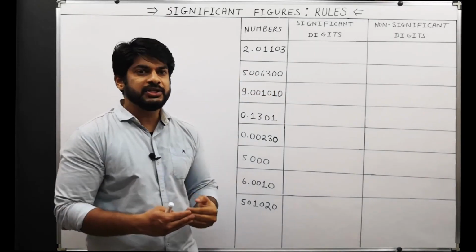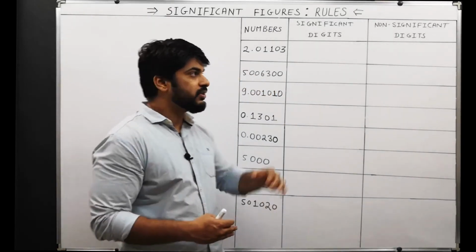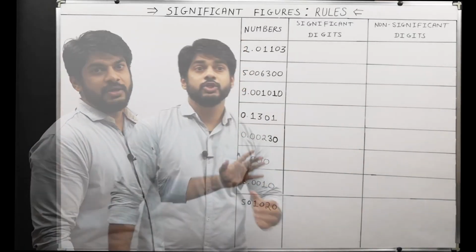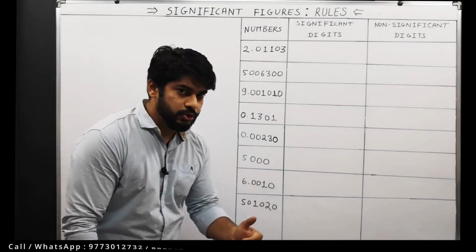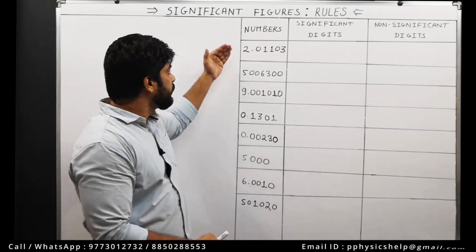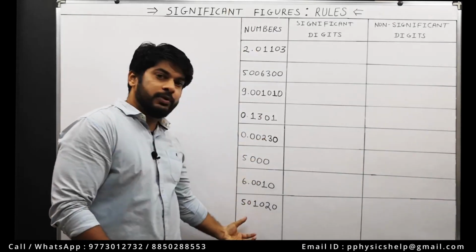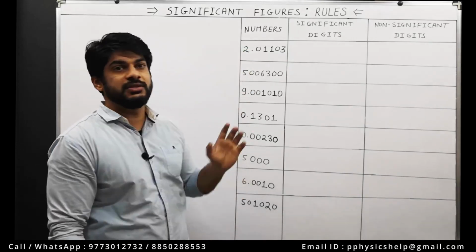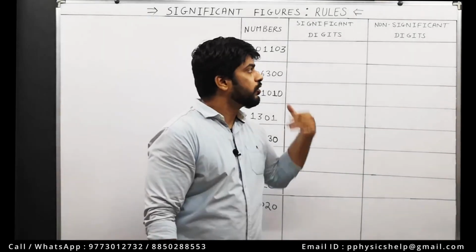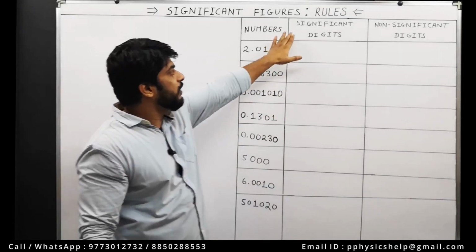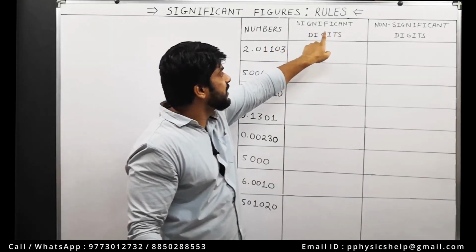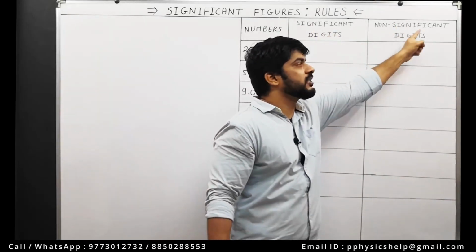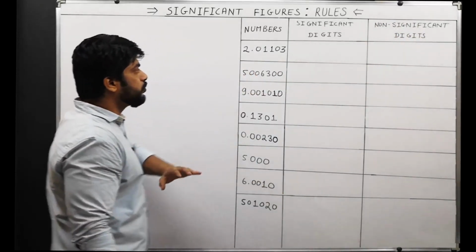We will understand each and every rule with these examples. As we go on with those rules, at the same time we will solve these problems. We will find out which digits are significant and which are insignificant, or non-significant. I have written significant digits and non-significant digits here.